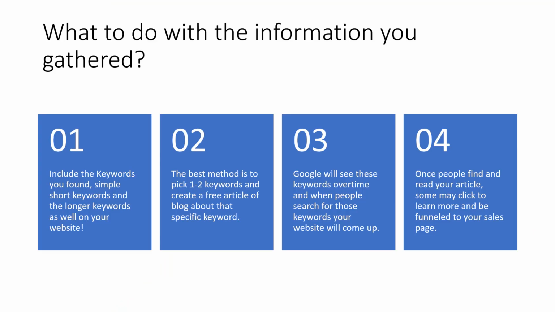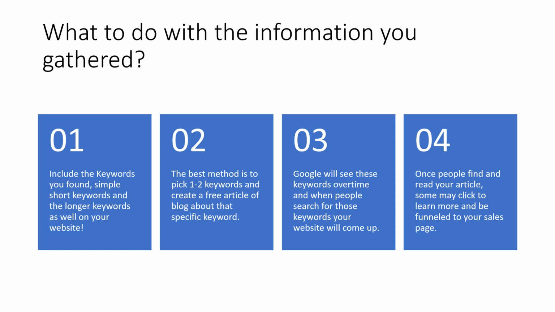So what do you do with the information you've gathered? Include the keywords you found, the simple short keywords and the longer keywords as well, on your website. So include the words that you've selected for your business on your website, whether on your homepage or in different blogs. The best place is to include it as much as you can on your website and have a diversified list of those words that you're targeting.